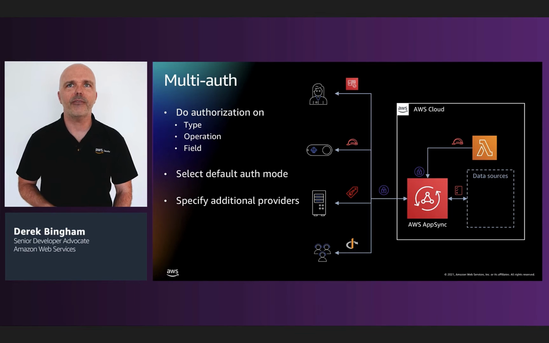Or maybe you also have users that are logging in through their OIDC IDP and then using the generated JWTs to get access to your AppSync API. So you can specify additional providers as needed. You select the default mode and then you specify additional providers. So you can get pretty granular as you specify which types of mode have access to the fields. This multi-authorization setup is very powerful.